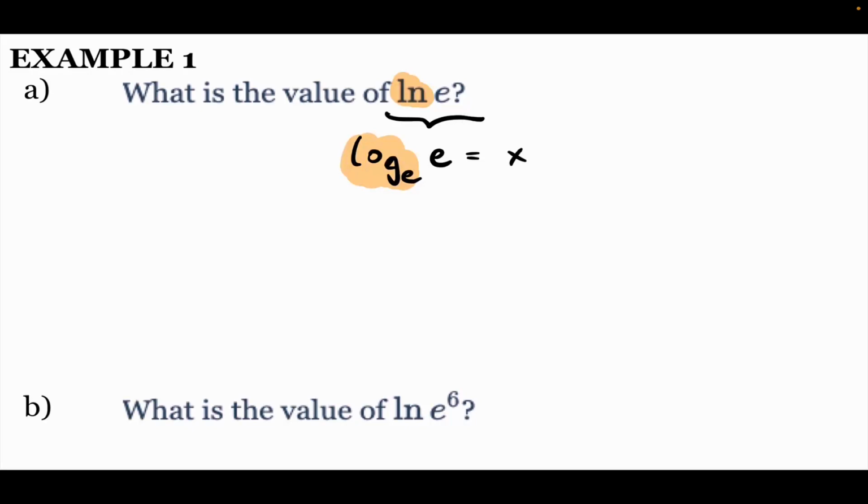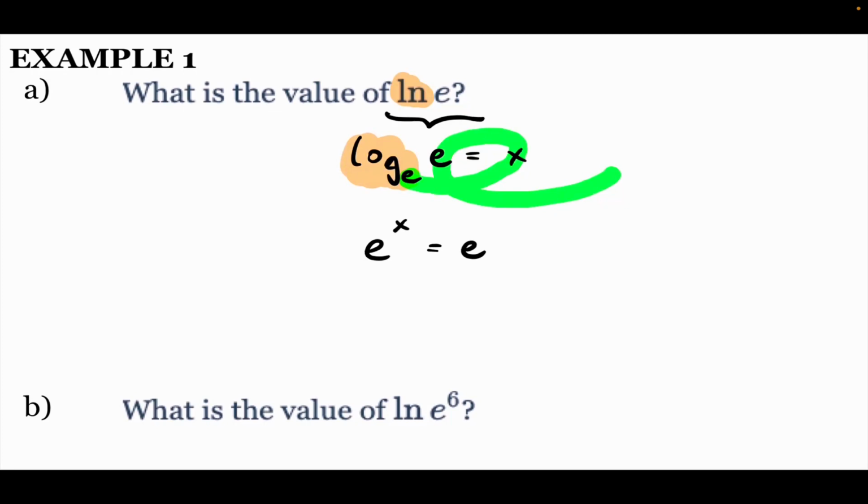Change it to an exponent. You can use the loop trick. The loop trick says start with the base, then go over here, then come back around. So we have e to the x power equals e.